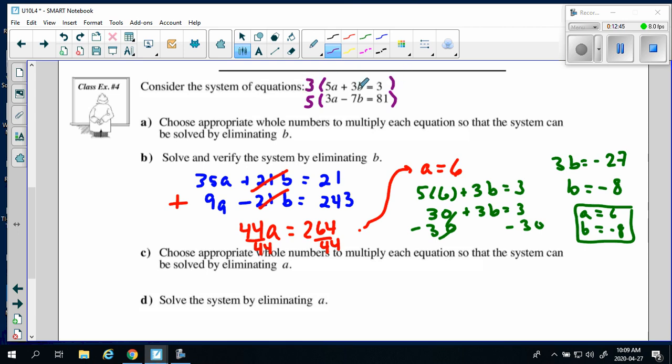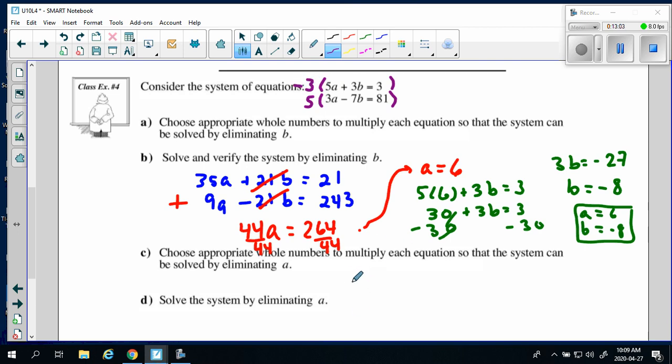That will definitely work, but then I'm going to have two matching terms, 15a and 15a. My preference is to have one be 15a and one be negative 15a so that I can just add the equations. So to do that, you just have to tack on a negative to one of them. I'll just tack on a negative here.